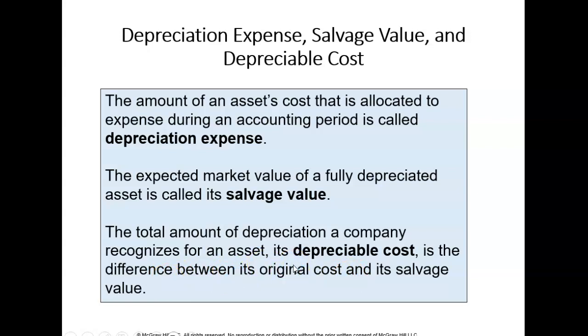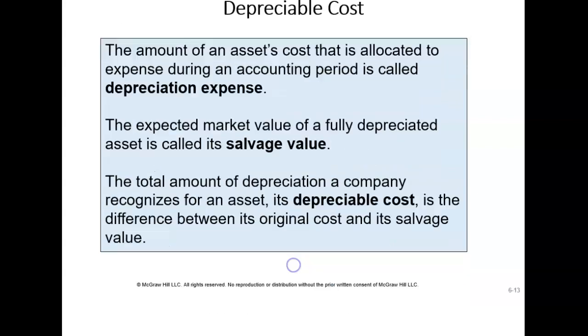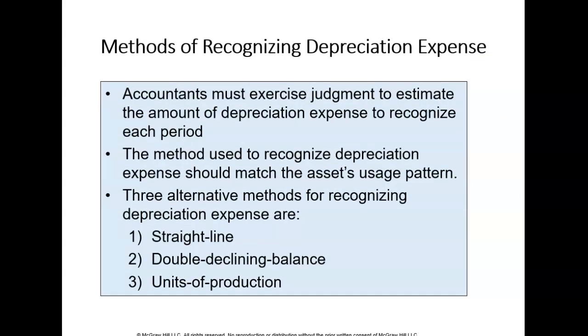So don't worry, we're going to take these words now and do some actual calculation. Now, there are different methods we can use to record this expense for depreciation. We'll look at three different methods: the straight line approach, the double declining balance, and the units of production.